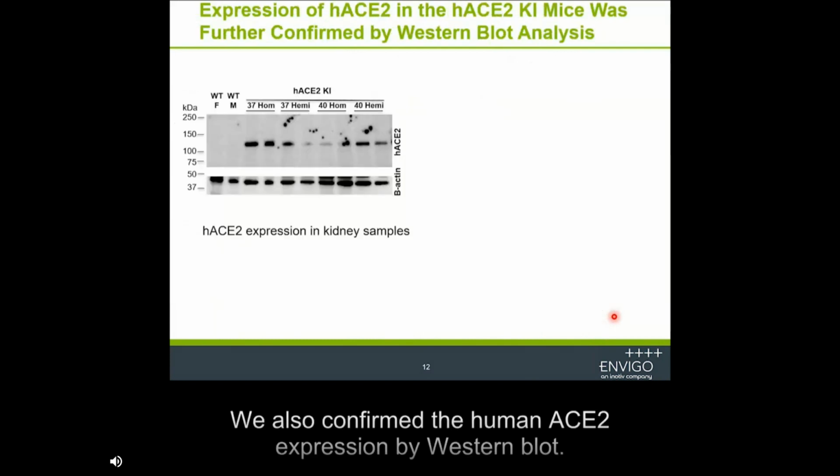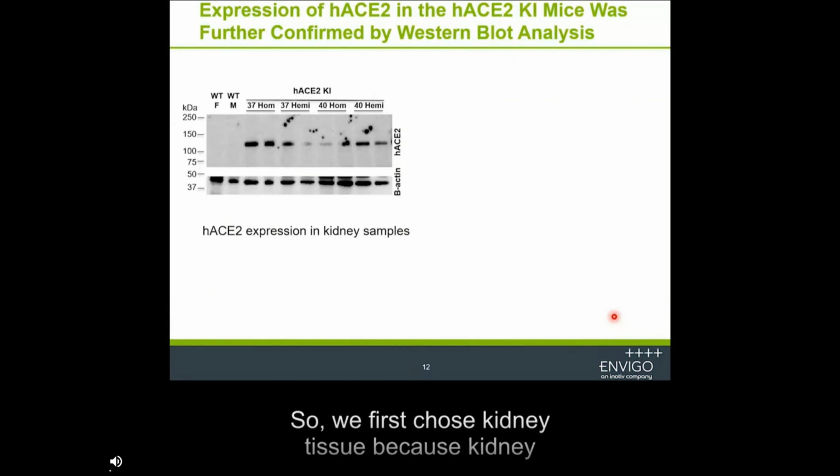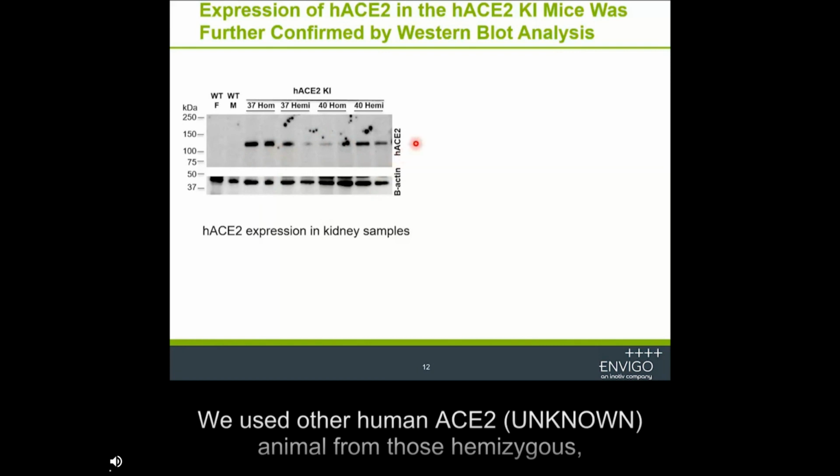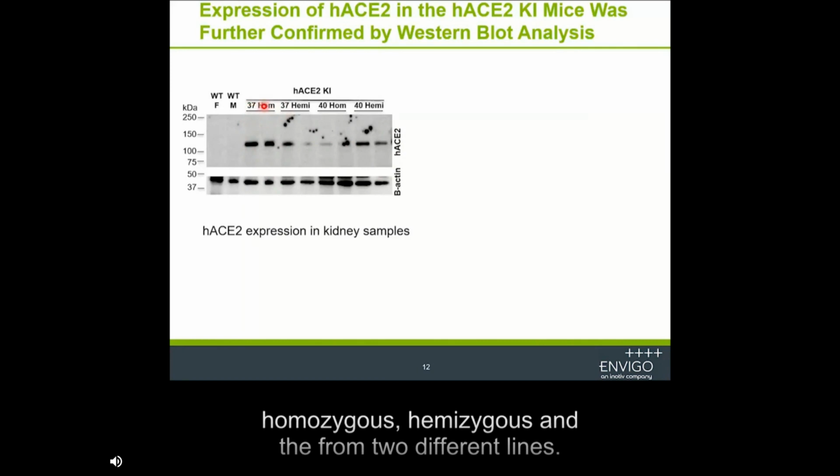We further confirm the human ACE2 expression by Western blot. So we first choose kidney tissue because kidney tissue is easy to harvest, and according to literature, kidney expresses high level of ACE2. We use a human ACE2 specific antibody. Check animals from both hemizygous, homozygous, and hemizygous from 2 different lines.